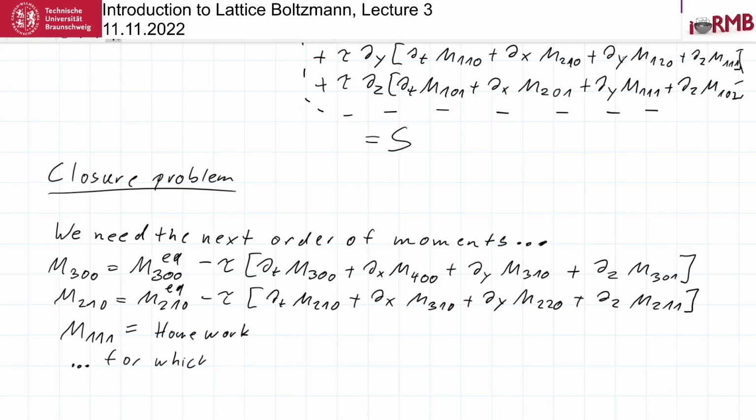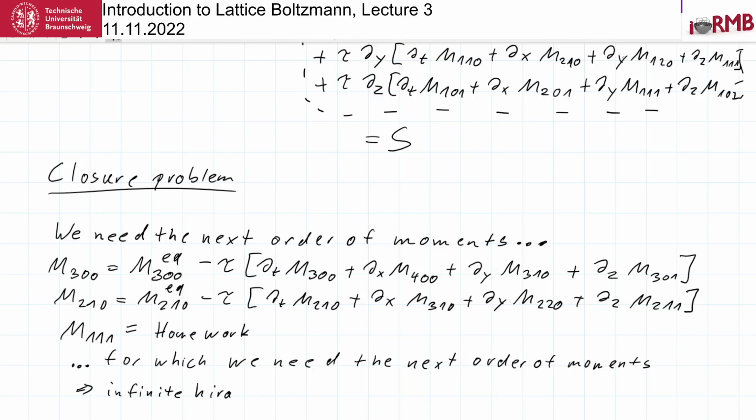So we know for which we need the next order of moments. Okay, so this goes on forever. This will never stop. We get an infinite hierarchy.